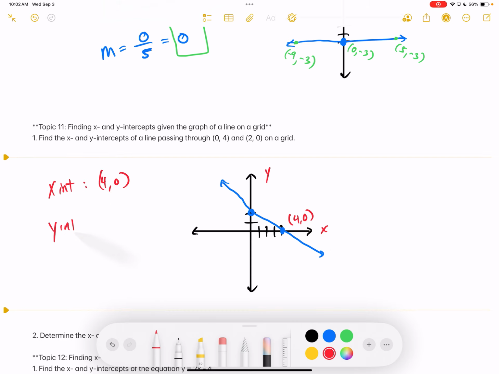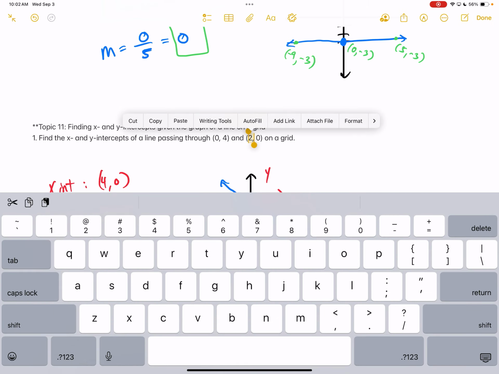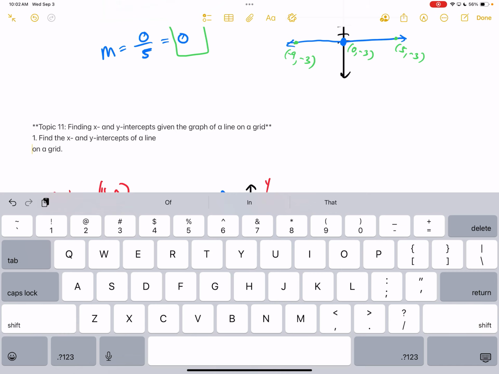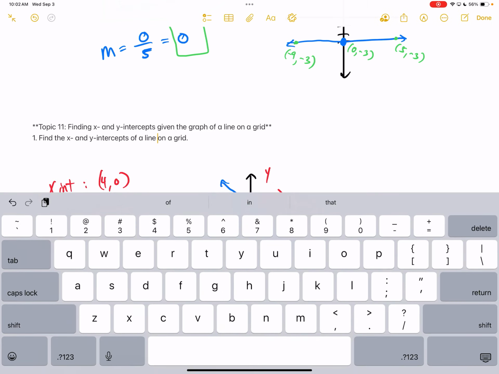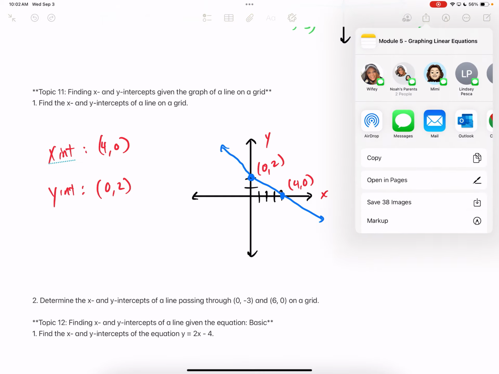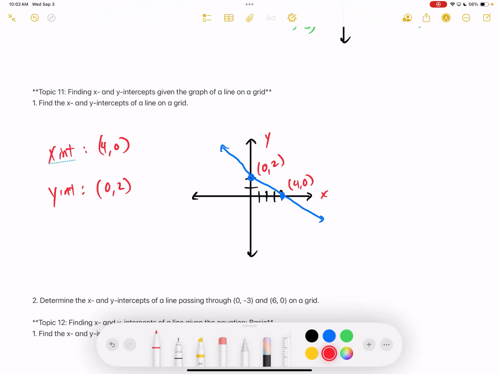And my y-intercept would be where it crosses the y-axis, which is 0, 2. Ignore this right here because I did it backwards. Okay, so this one, you're just looking at a picture and seeing where it crosses. So again, the x-intercept is where it crosses the x-axis, and the y-intercept is where it crosses the y-axis.